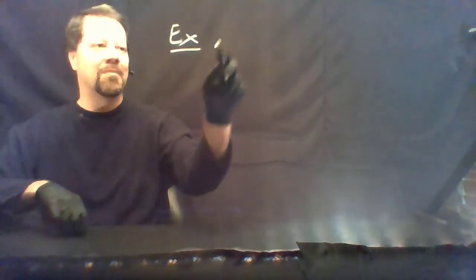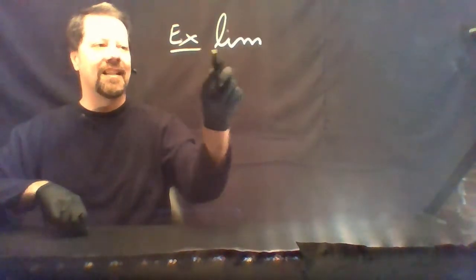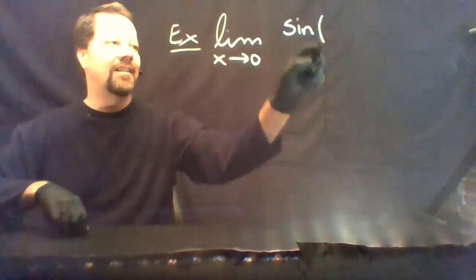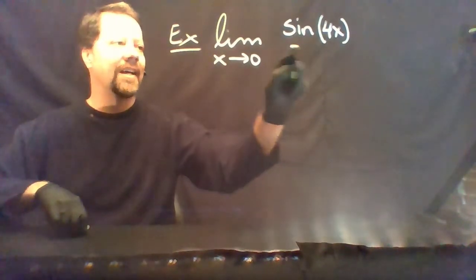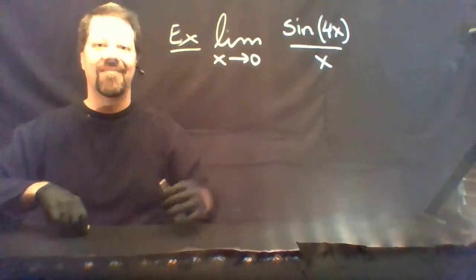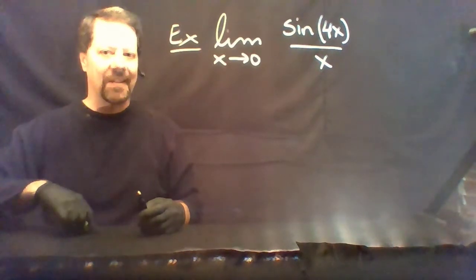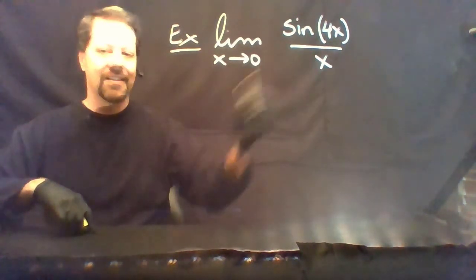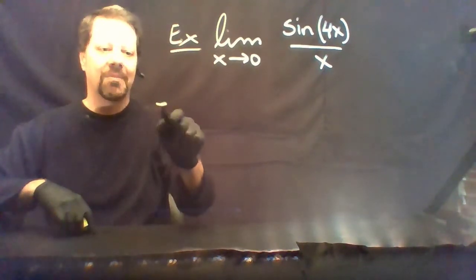So, for example, what happens in the limit as x goes to 0 of the sine of 4x divided by x? You need to be a little careful about this one. 4x is going to 0 at a different rate than just x. So here's how we can approach this one.